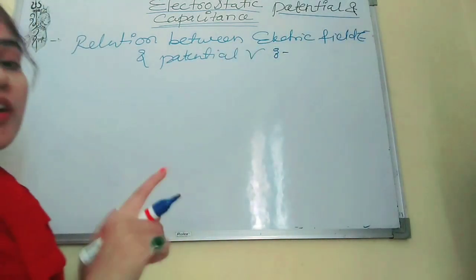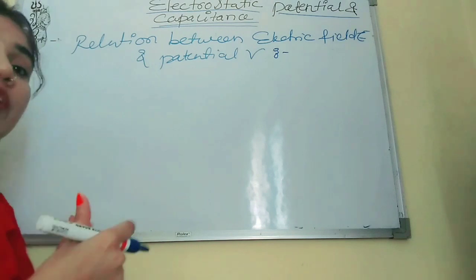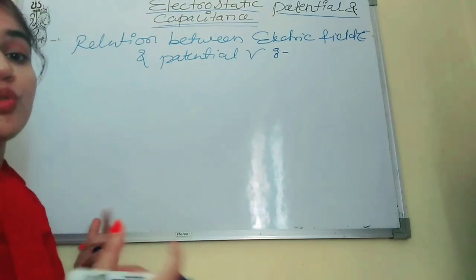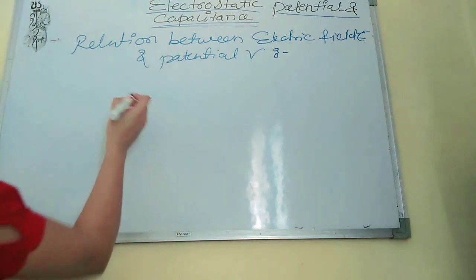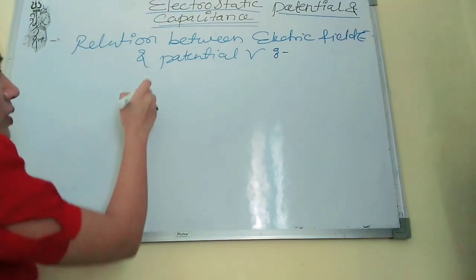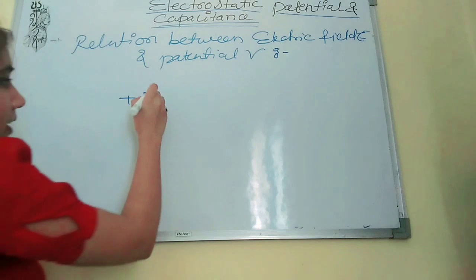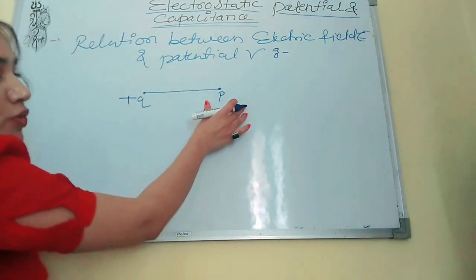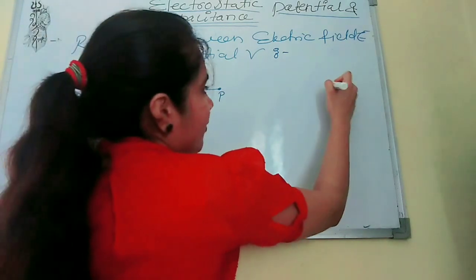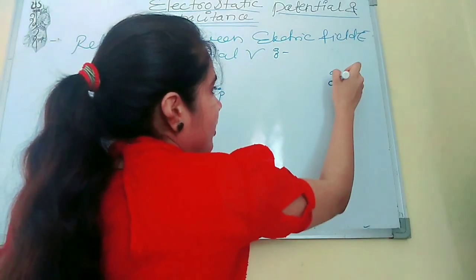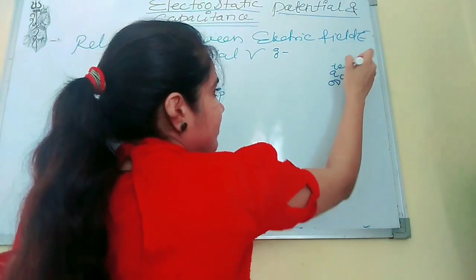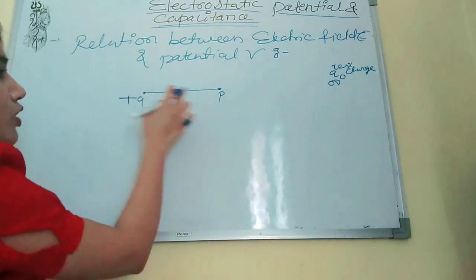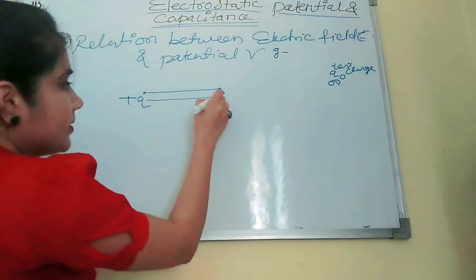We will draw the same diagram that we drew previously for finding the potential due to a point charge. Any plus q charge was placed at some point, and here we have taken a point P where we have to find the potential, and at infinity the test charge q naught was placed. The distance between the plus q charge and P is R.